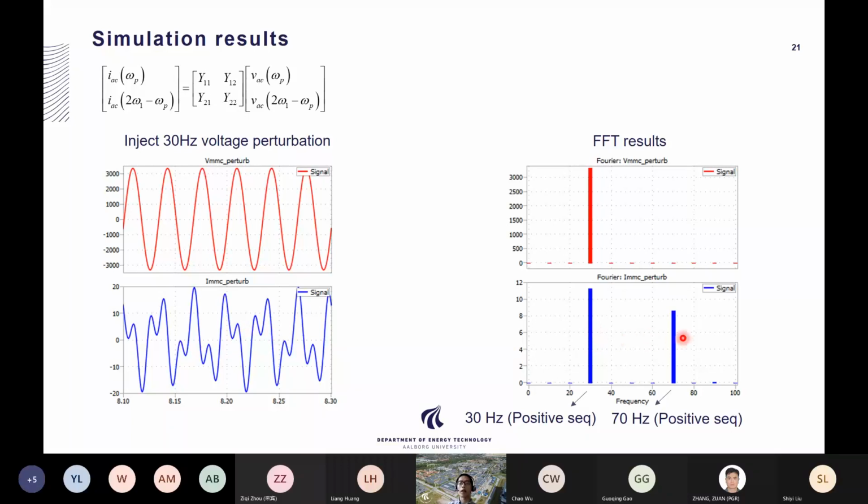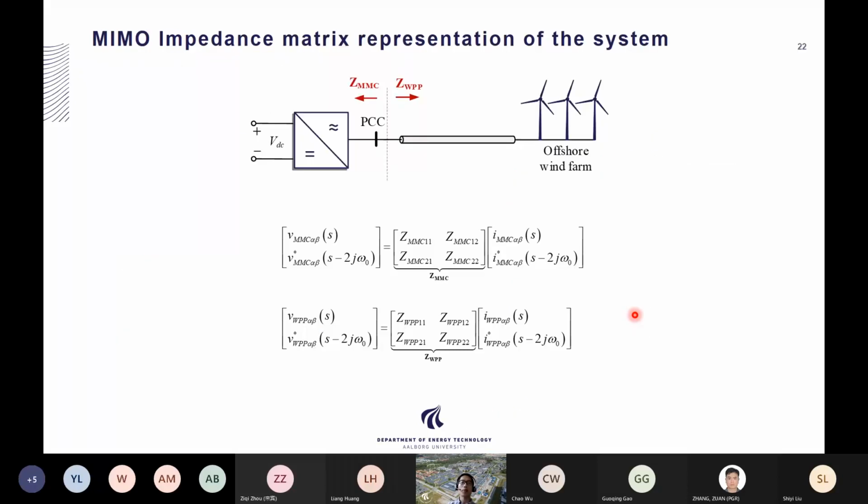The FFT analysis also clearly shows that this response includes two frequency components. And what I would like to emphasize here is that these two frequency components are both positive sequence components. There is no positive sequence component coupled with a negative sequence component. That should be clear.